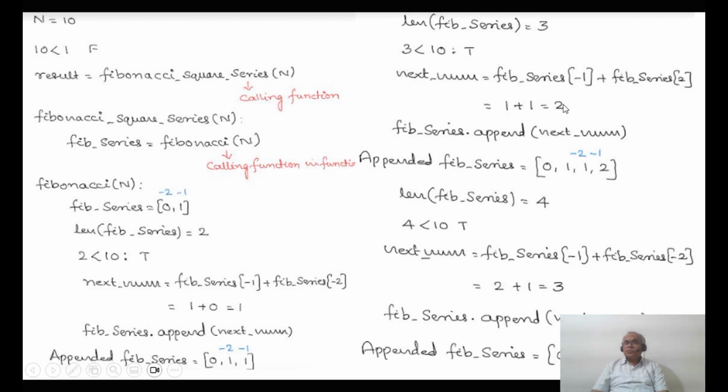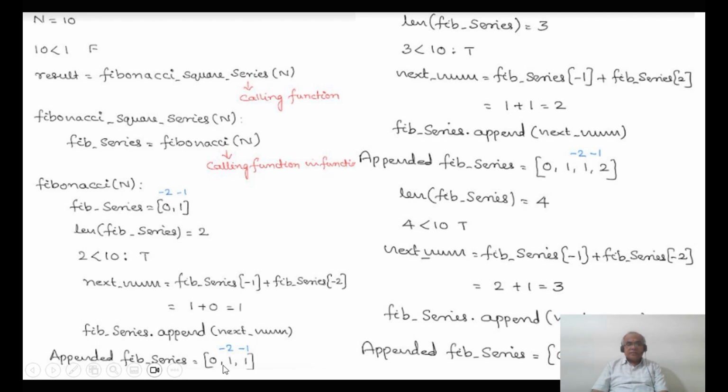So 1 plus 1 becomes 2. Then this next number has to be appended to the series, so series dot append next number. The appended series is 0, 1, 1 and 2.